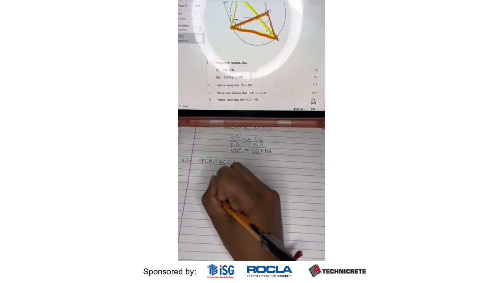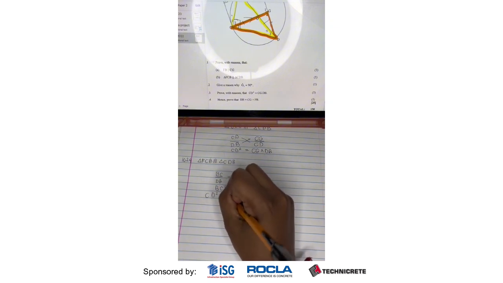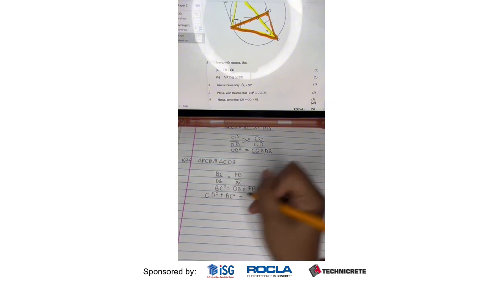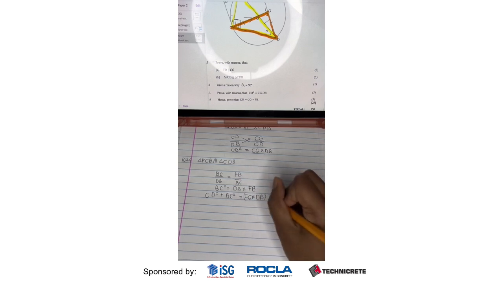So I'm going to have CD squared plus BC squared is equal to CG times DB plus DB times FB.